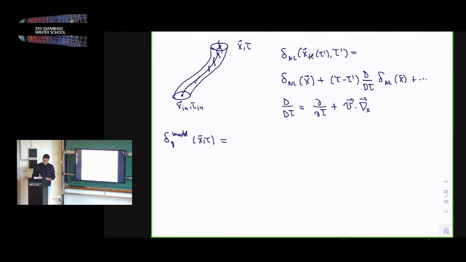And this is just a simple bias expansion. So you will say that perhaps the galaxy density field model depends on some bias coefficient b1, which depends on time, times the nonlinear dark matter density evaluated at x and tau. Then you can have, for example, the second order bias term, where you have delta nonlinear squared minus the expectation of delta nonlinear squared.